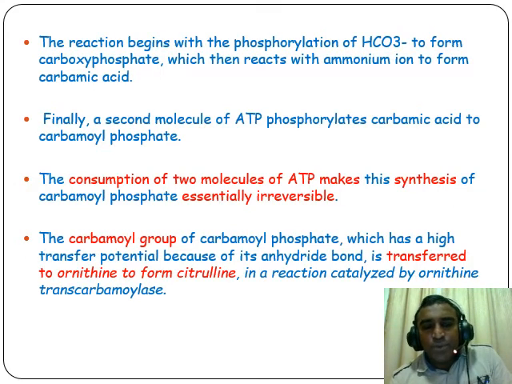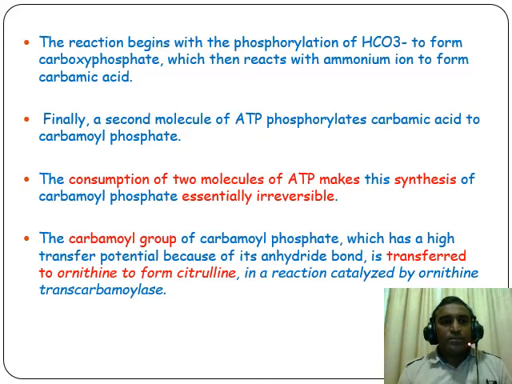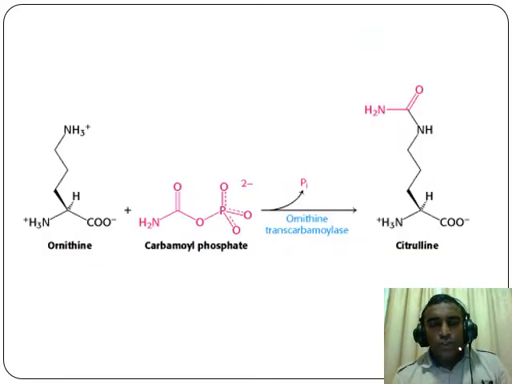Here, just to take the most important part of the text, the carbonyl group found in the carbonyl phosphate will next react with ornithine to form citrulline. Here is shown the reaction itself, where carbonyl phosphate reacts with ornithine to give rise to citrulline, which becomes a much larger molecule itself.